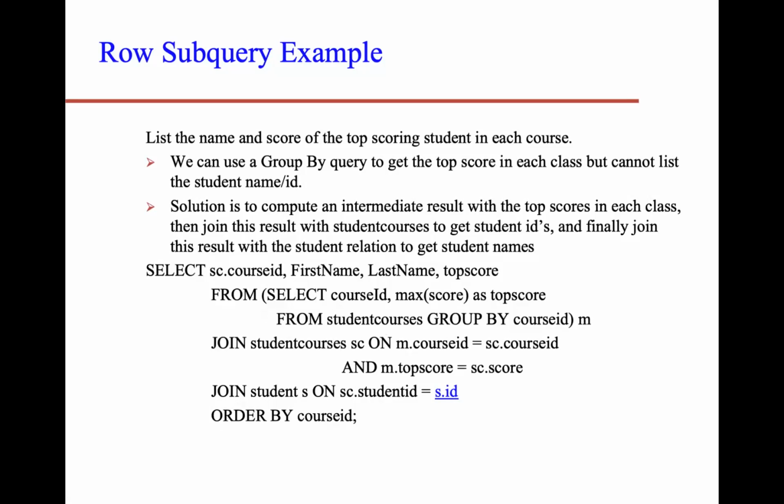Well, I can reach into the student relation based on the student ID. So that's how you can build up a complex query one step at a time, and how you can use a row subquery, like I have right here, to create intermediate results along the way. It simplifies the creation of your final query.